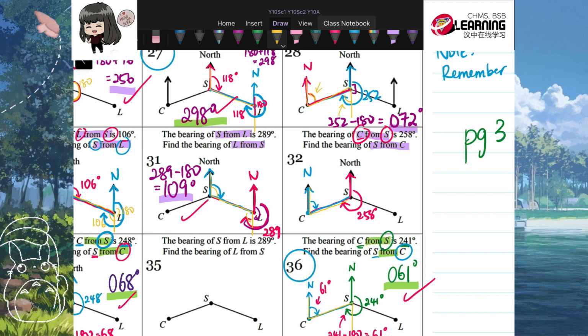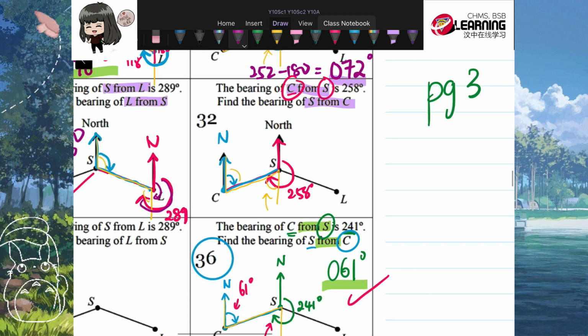Okay, so alternate angle also, I think most of the questions here are mostly alternate angle, yeah? So this angle is the same as this angle, so we need to find this angle, and this angle is 285 minus 180. This is 180. So 285 minus 180, you'll get this angle here, which is 105 degrees.